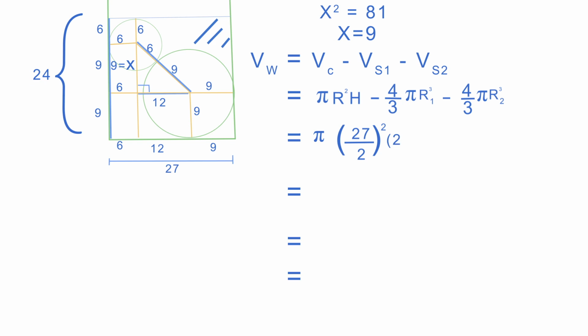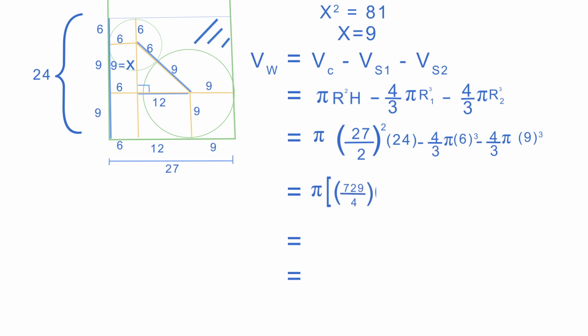So we have 24 for the height. And then these spheres, the small sphere had a radius of 6, and the large sphere had a radius of 9. So we can factor out a pi, since that is common to everything.